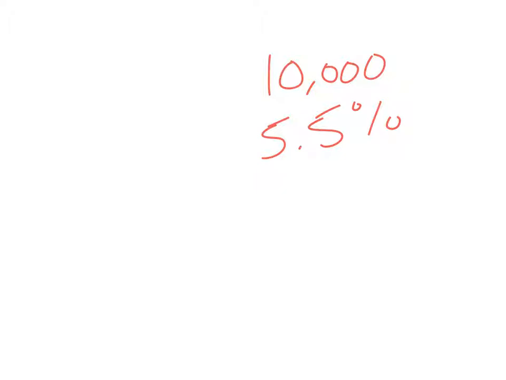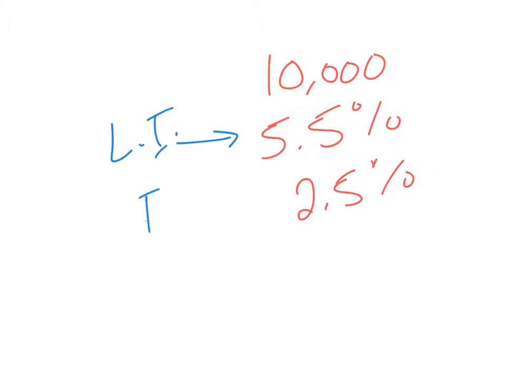The rest of the money he borrowed from a friend, who Franz paid 2.5% interest. So this is from the lending institution, I'll just abbreviate that as LI, and this is from the friend, 2.5% interest.